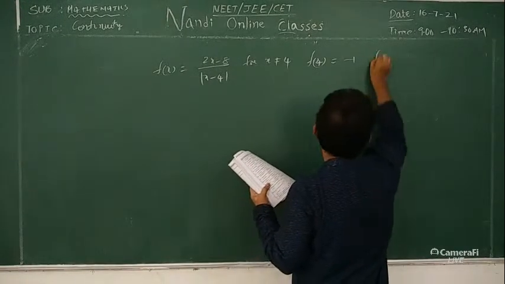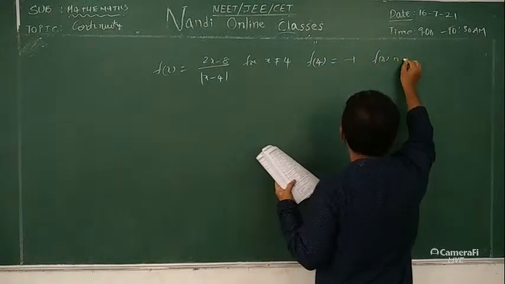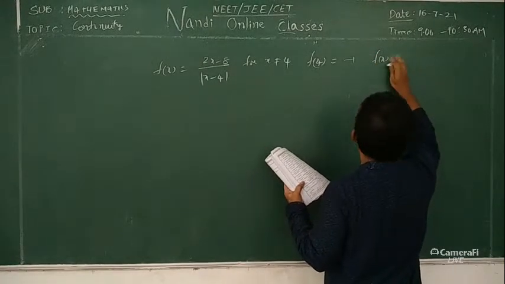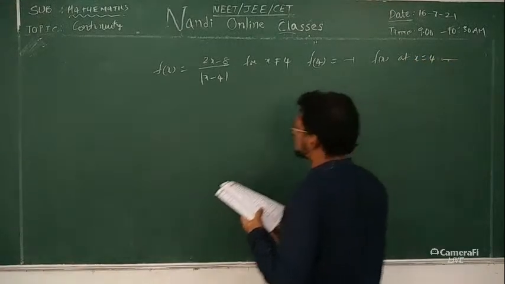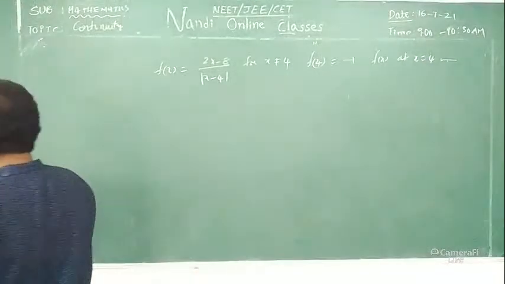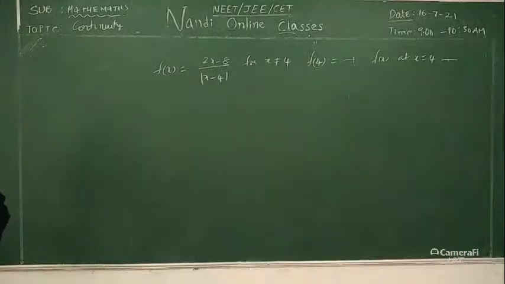Then f of x at 4 is dash. Options are continuous.